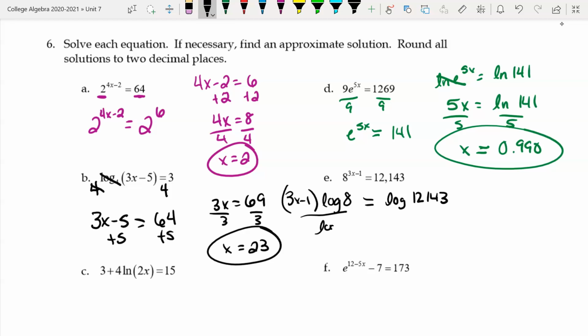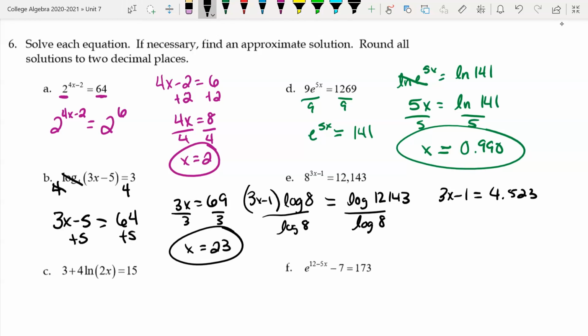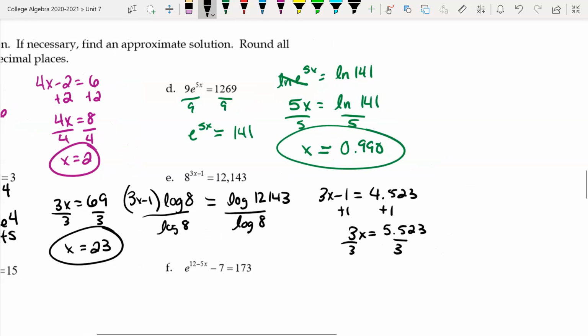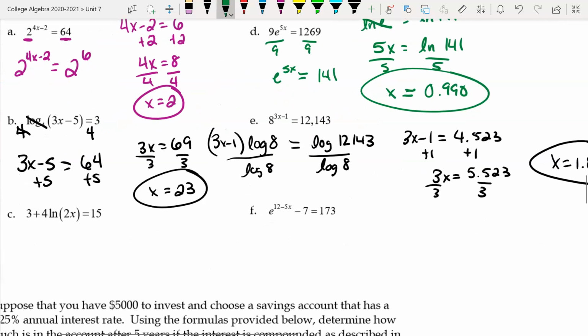So I'm divide by log of 8, divide by log of 8. So I get 3x minus 1 equals 4.523. I'm going to add 1 and divide by 3. So you should get 1.841.